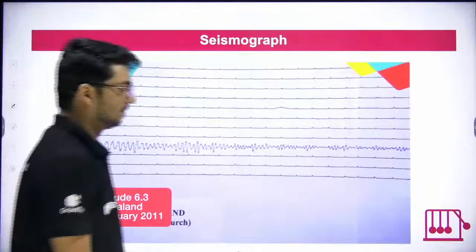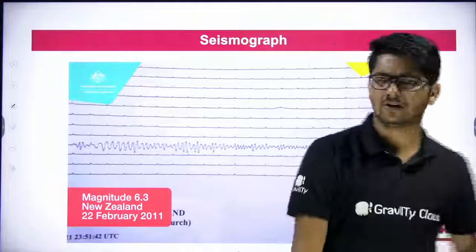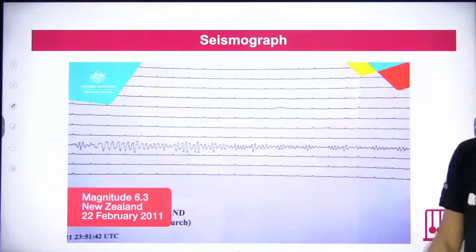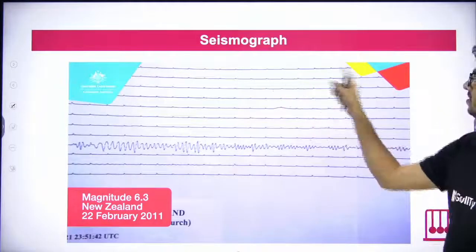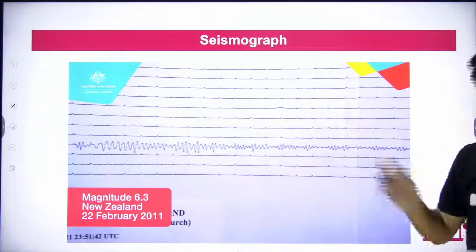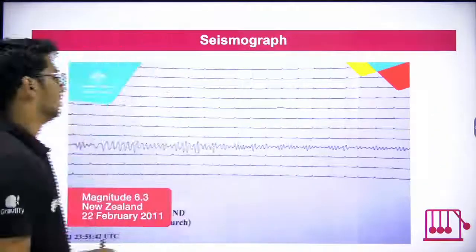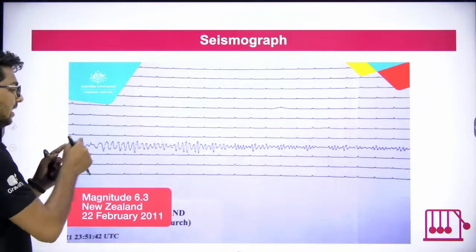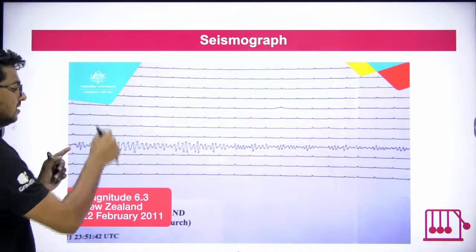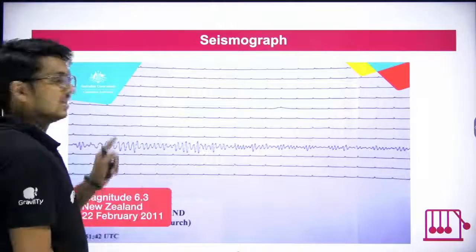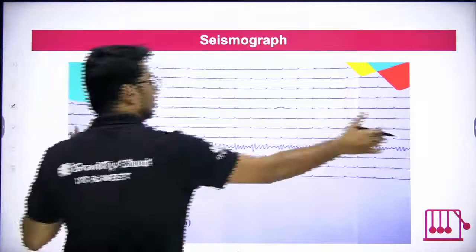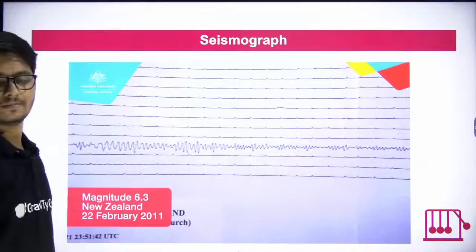Got it? Here is a simple practical example. All these normal straight lines mean nothing happened, no earthquake. But in between, you can see a region where it is not a straight line, it is like a wave. That means from this part to this part, an earthquake has occurred.